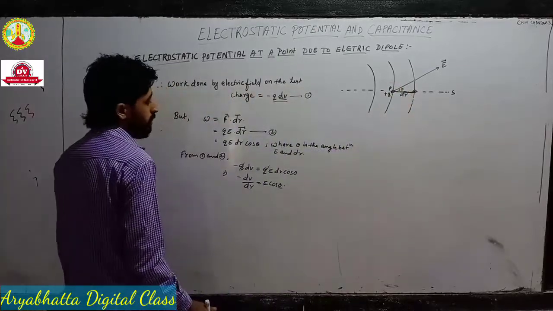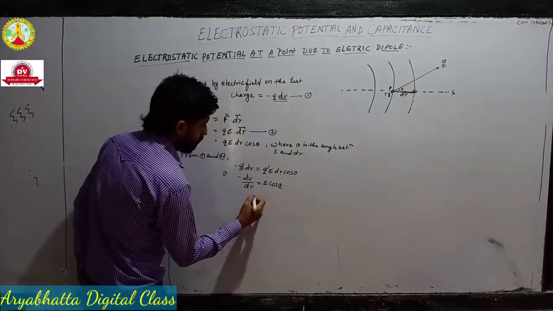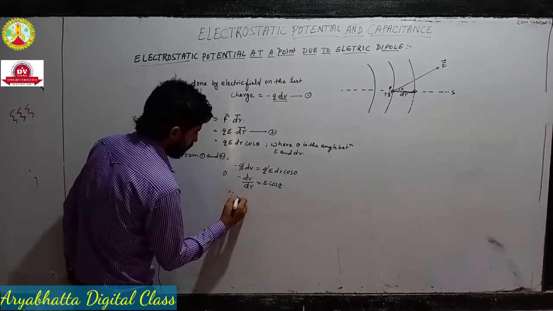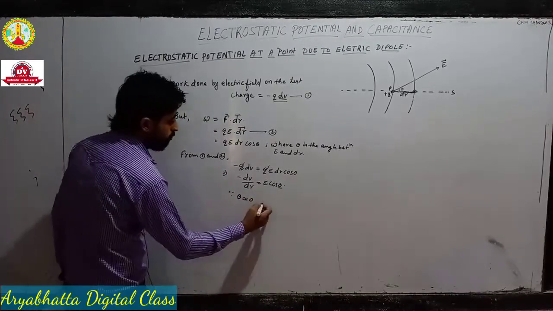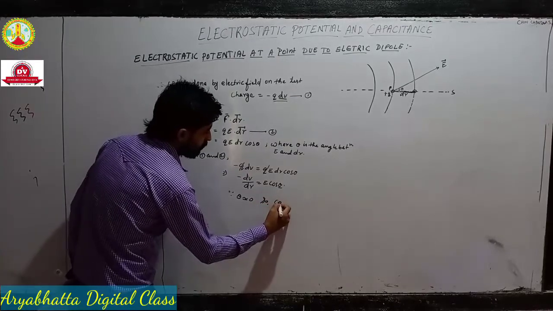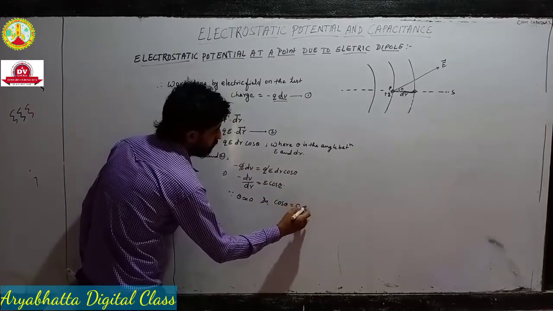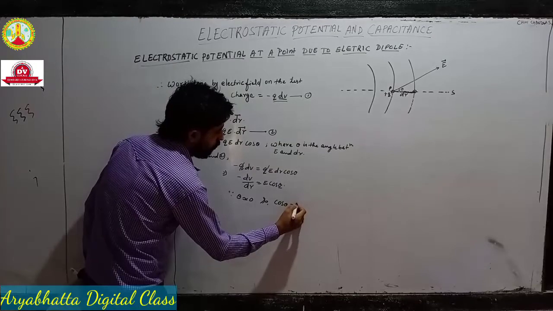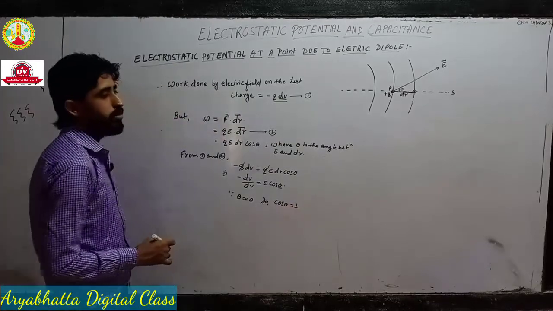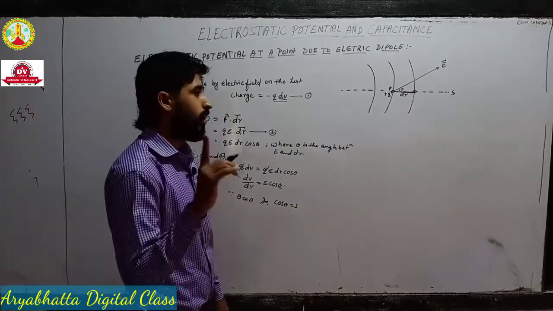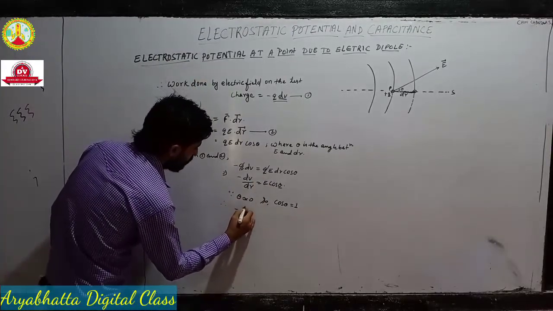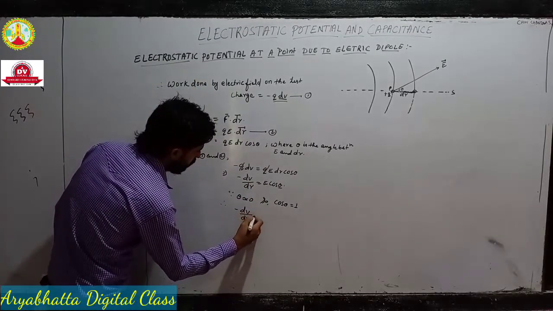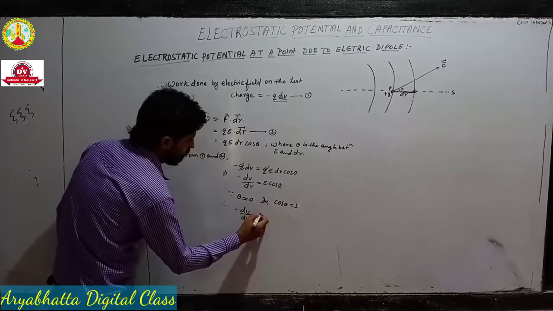Since theta is approximately equal to 0, cos theta is equal to how much? 1, because cos 0 is 1. Therefore, minus dV by dr is equal to E.